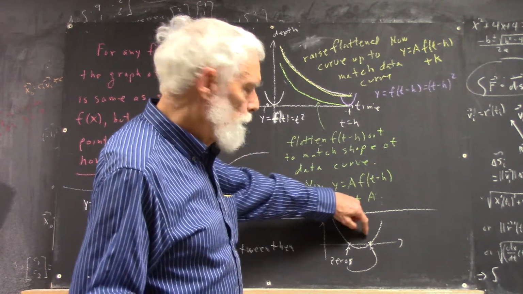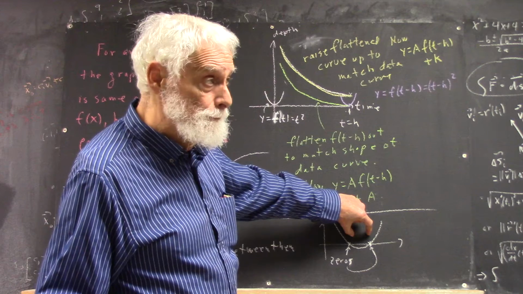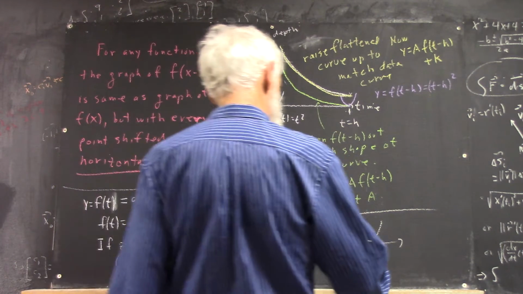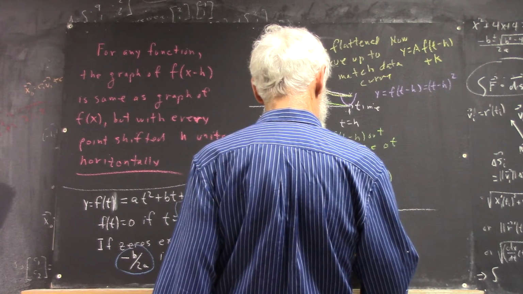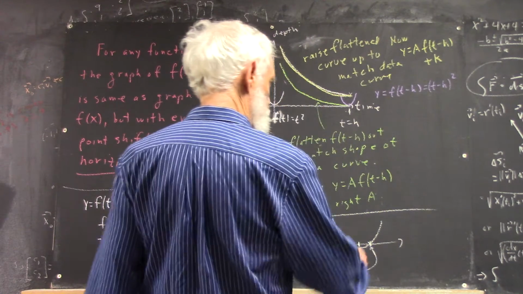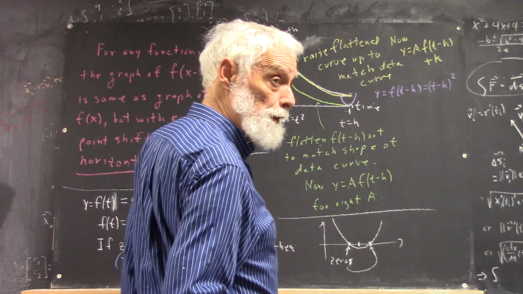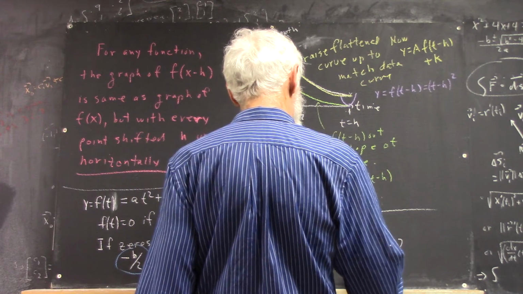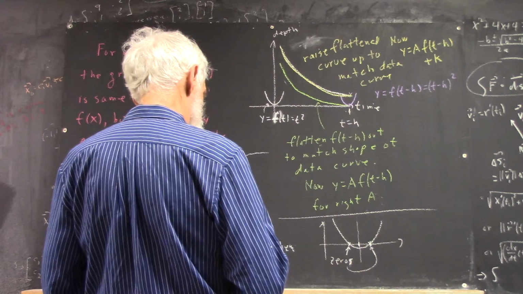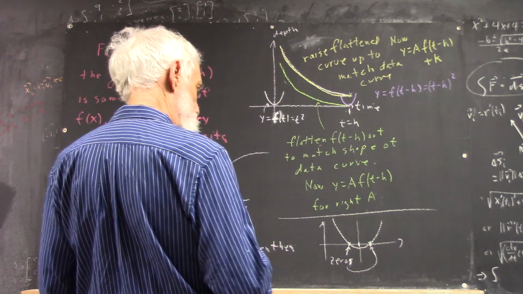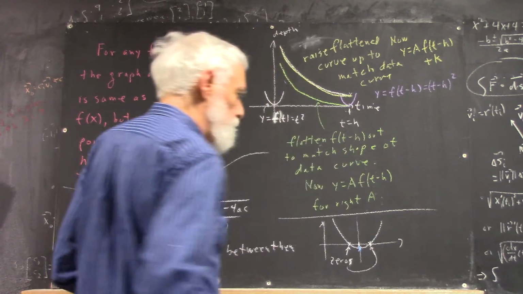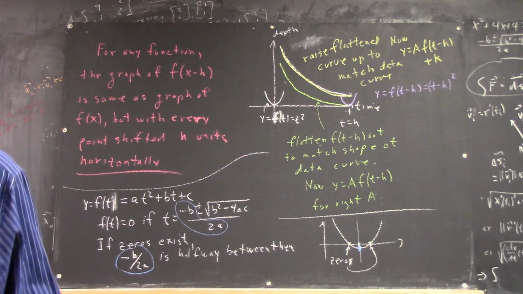What's halfway between the zeros? Okay, this point is halfway between the zeros, right? And if I draw a vertical line through this point, it takes me to what point? This point here.